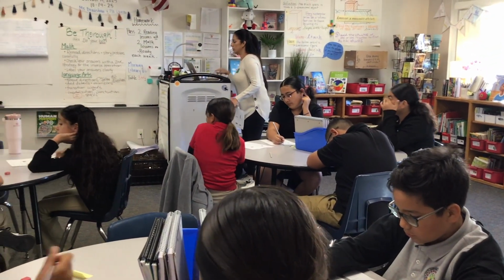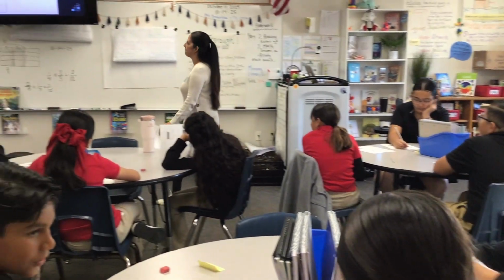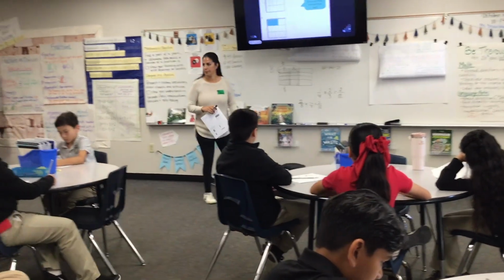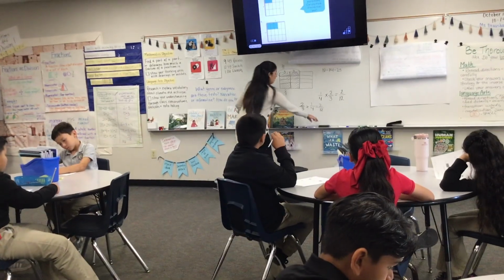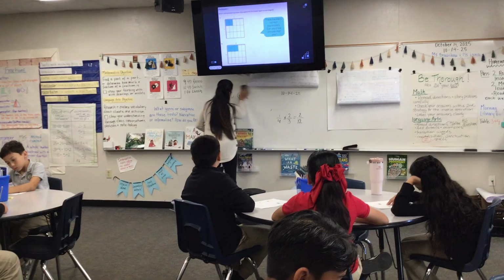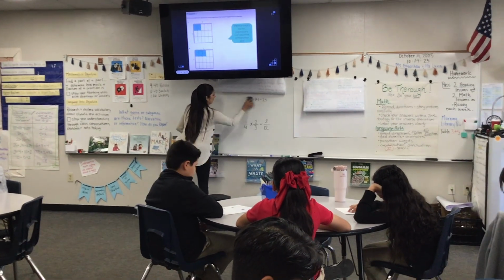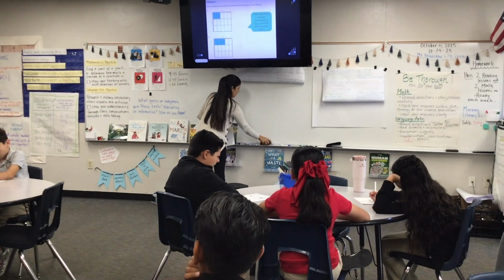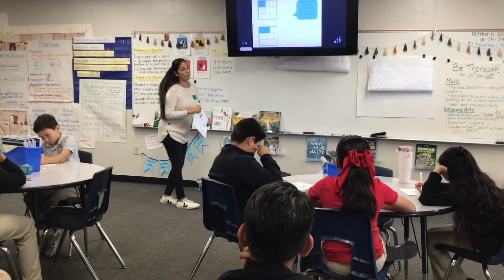So we're gonna write a multiplication expression that represents the shaded region in each diagram. Okay? Can someone help us out? What's the first step for A?